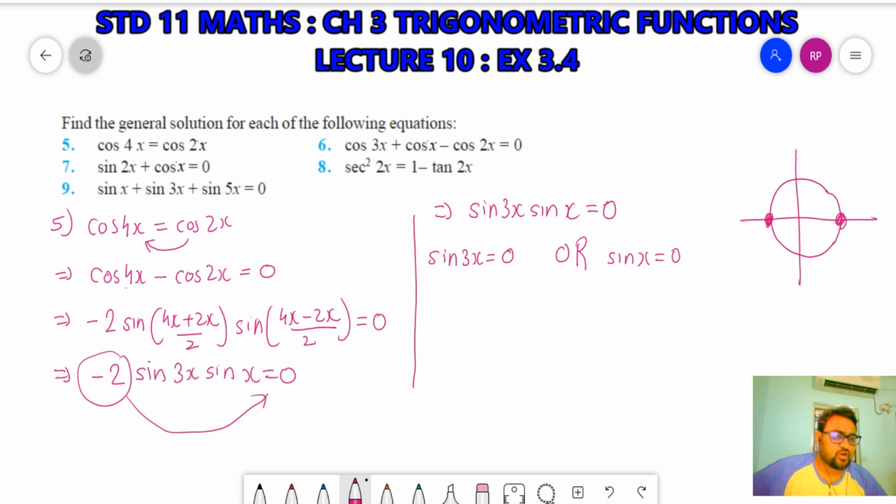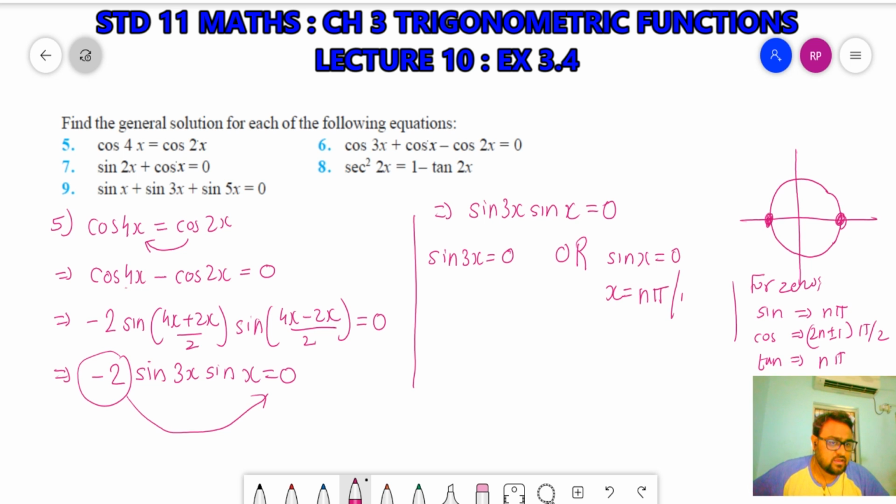For sin it is n pi, for cos it is (2n plus minus 1) pi by 2, and for tan, when sin is 0, tan is 0, again n pi. So sin x equal to 0 implies x is equal to n pi.